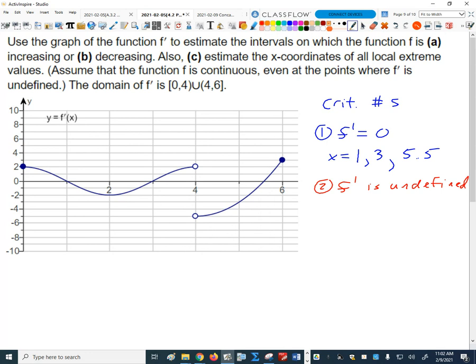Yeah, at 4, right? Look, there is no value of the function at 4. So that derivative function is not defined at 4. Okay.